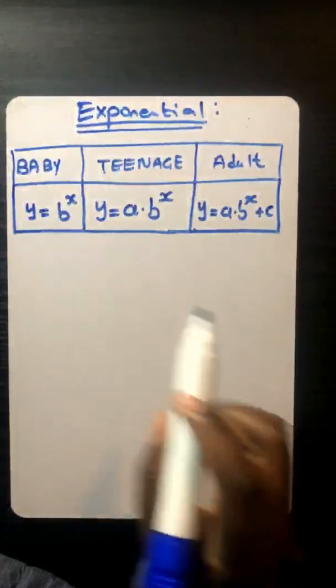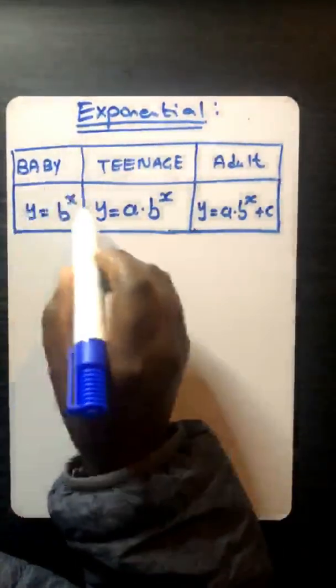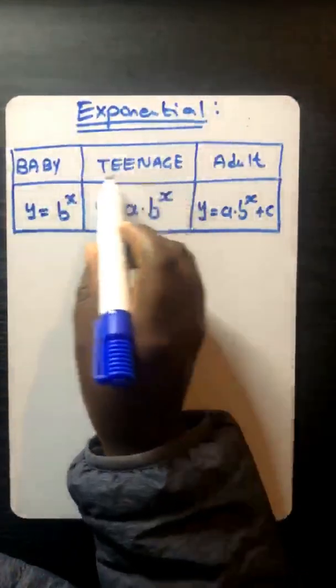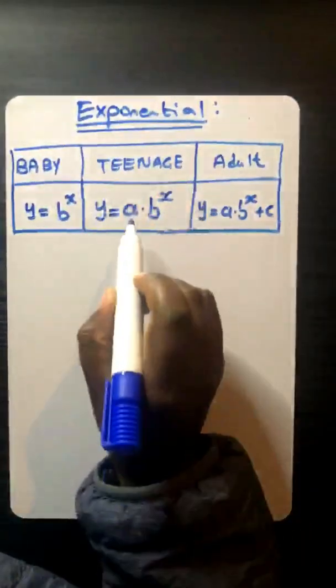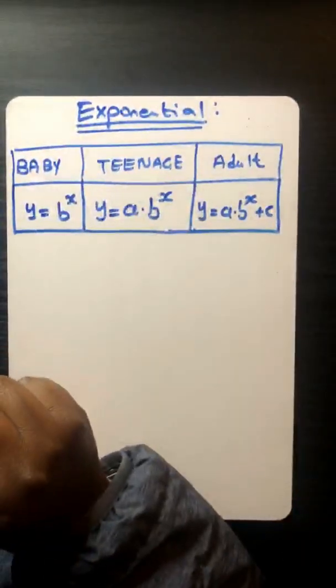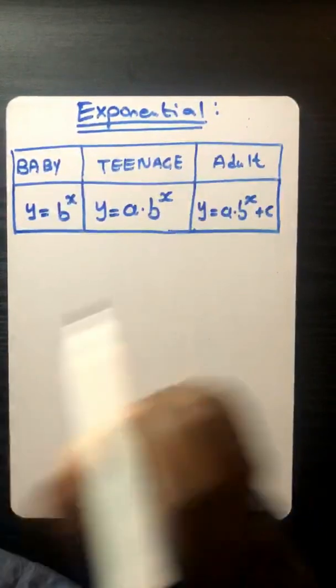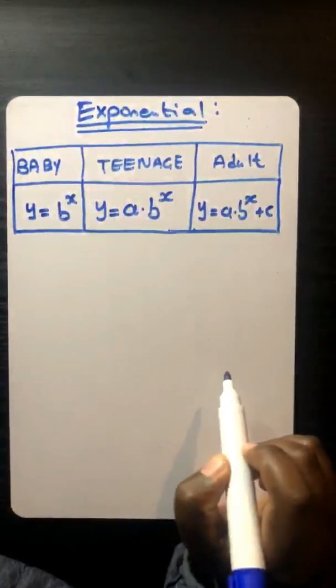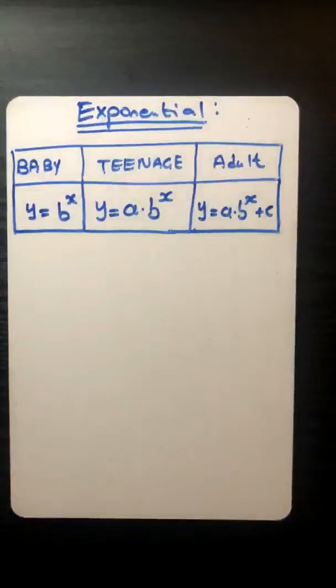Can you see? This is the initial stage. Over time, they discovered that we can introduce a value over there, and now you can see there's an addition of c over there.